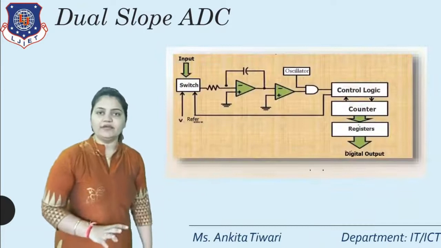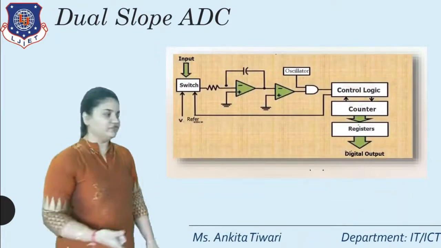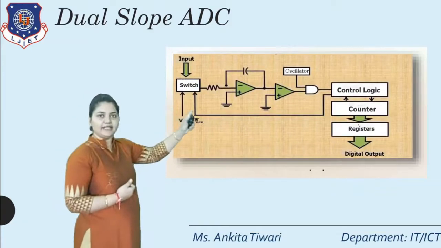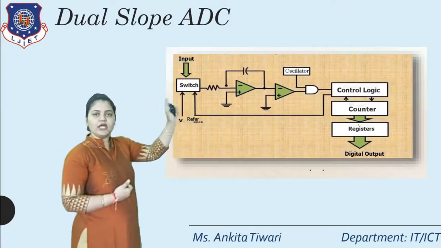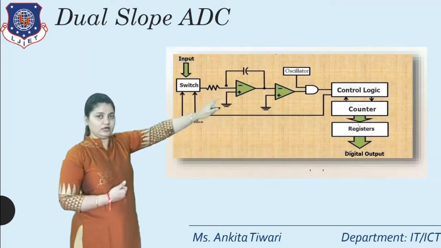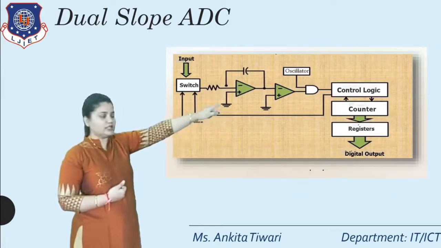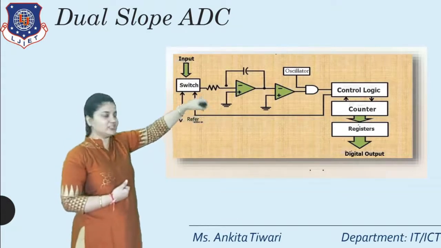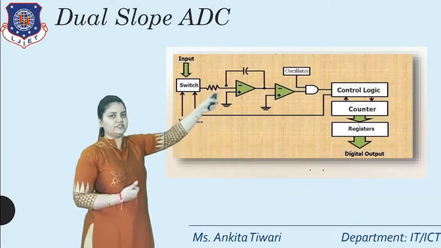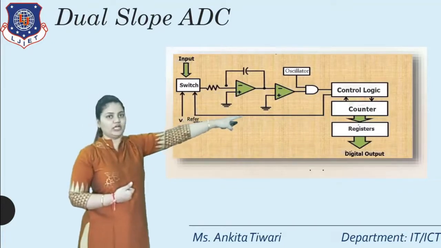Whenever we are talking about the block diagram, we will see one example of how it works. There is a switch which is applied here with the voltage, and it is given as an input to the control logic. With respect to control logic, as a dual slope has been taken, two integrator circuits will be there, and that is provided to the control logic.